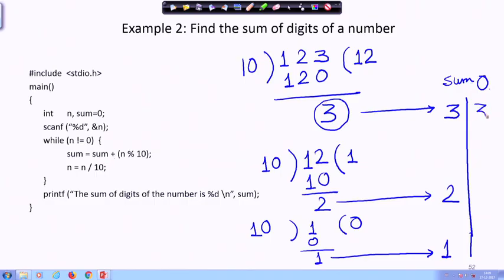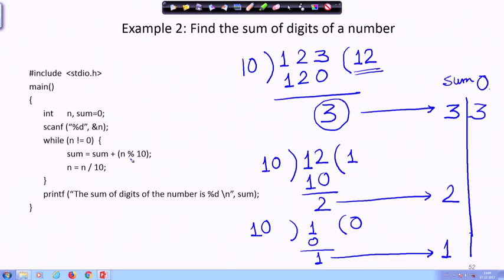So, my sum now becomes 3, and then I make my n to be n divided by 10. Now, this operation gives you the quotient, and the modulus operation gives you the remainder. So, n divided by 10 means now 12, and I go back to this loop. I check that 12 is not 0.